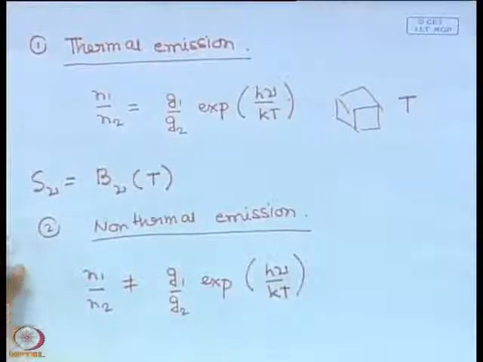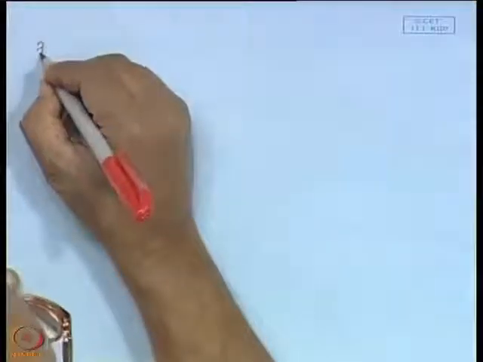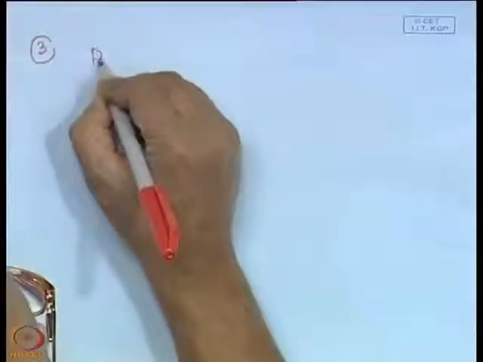There are a large variety of situations where you can have two levels out of thermal equilibrium. A specific case of particular interest is where you have something called population inversion.